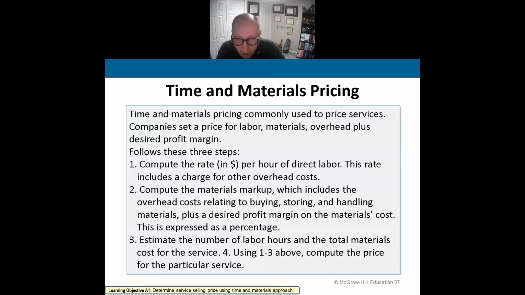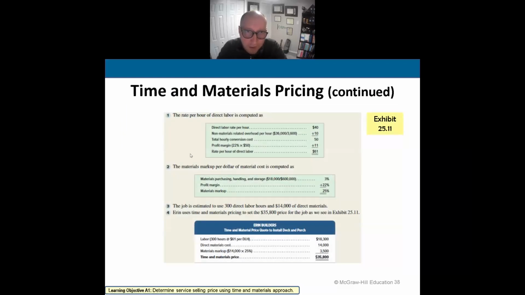We estimate the number of labor hours for the job times the hourly rate, plus the part times 1.5% to get the total cost per job. This is what that example looks like.